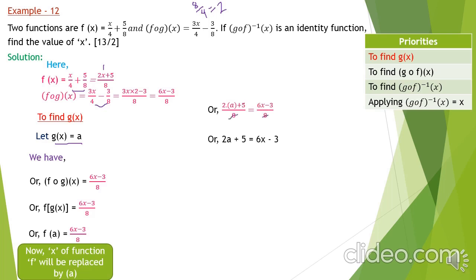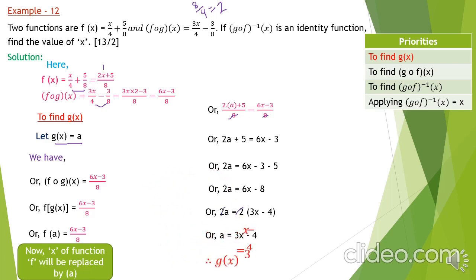Now we have to make a alone. 2a is equal to 6x minus 3 minus 5. 2a is equal to 6x minus 8. We will take 2 common, so 2a is equal to 2 common, 3x minus 4. 2 and 2 cancel, so a is equal to 3x minus 4. That a is our gx. In this slide we are just going to see the next slide.